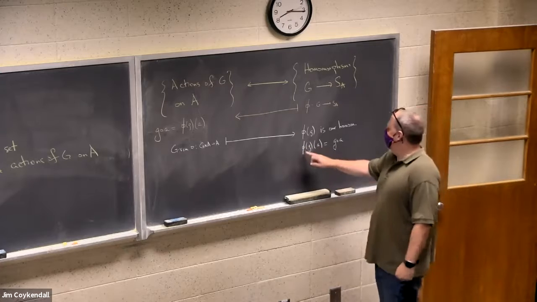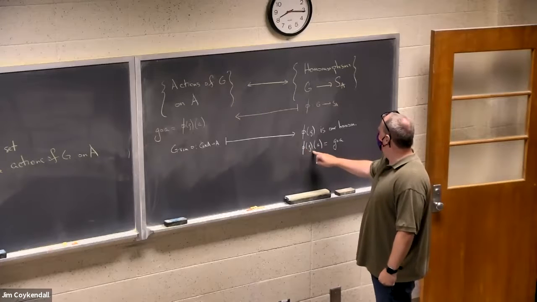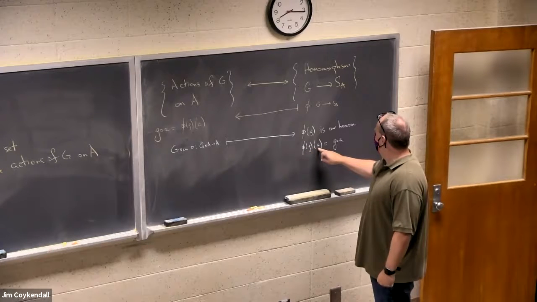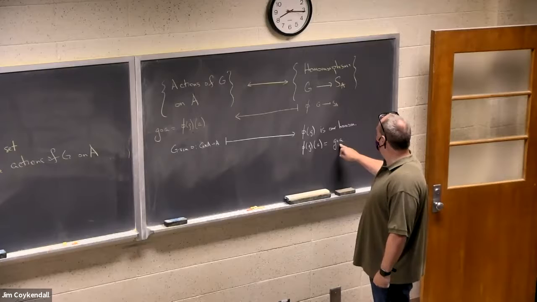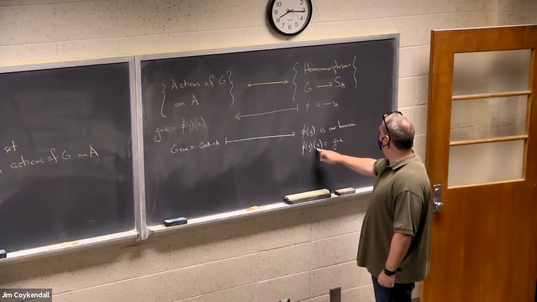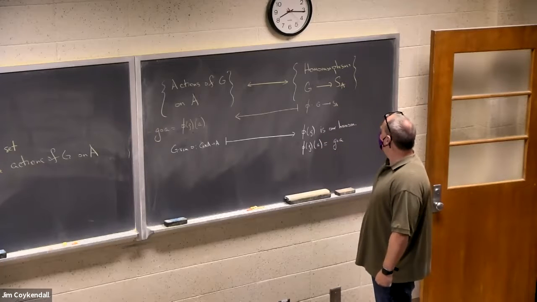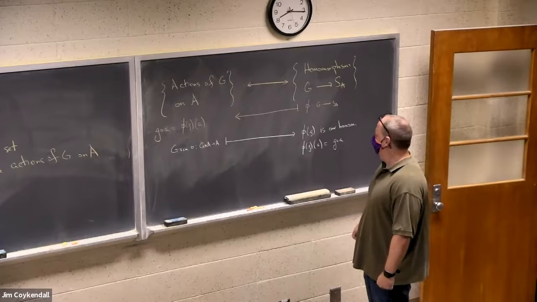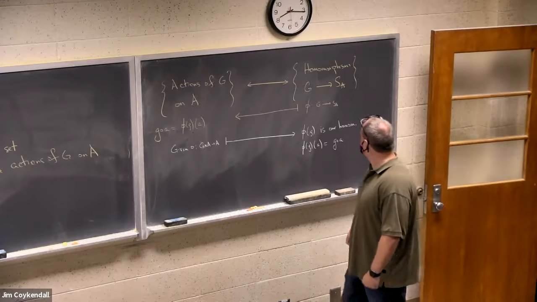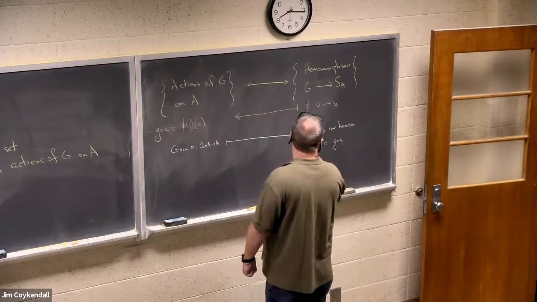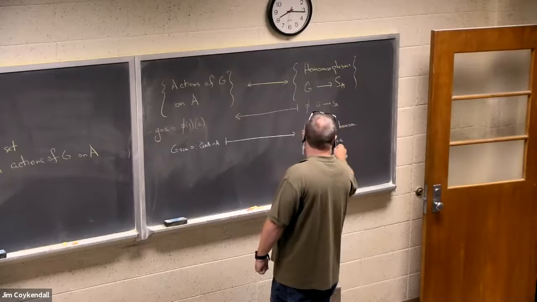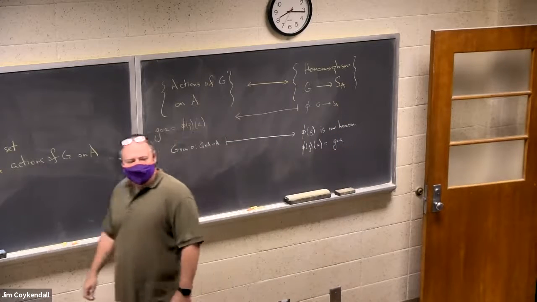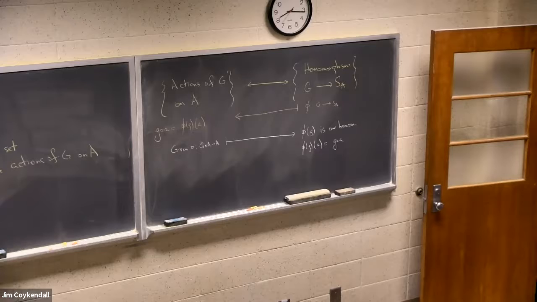So see what this is: phi of g, when you plug in a, that gives you an element of A. So you can think of phi of g now as a permutation, right? So phi of g is actually this permutation of A. Right? So let's work this out. Let's verify if this works.